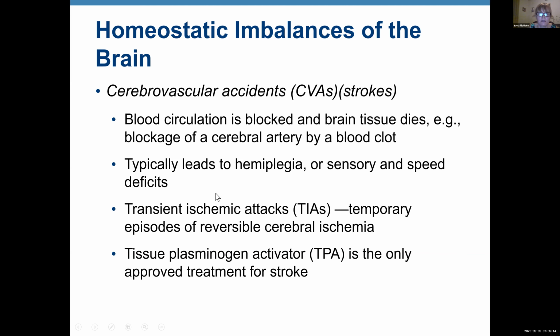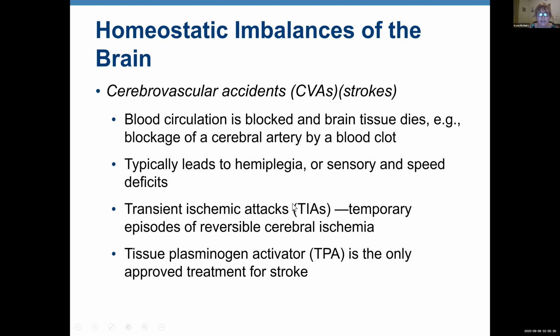But this is severe stuff. TIA is a transient ischemic attack. It's a temporary episode of stroke, or cerebral ischemia. Ischemia means low oxygen supply. So TIA, we call it mini strokes, right?